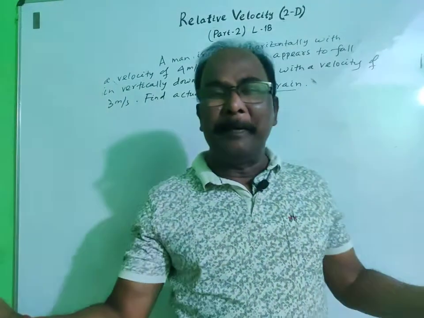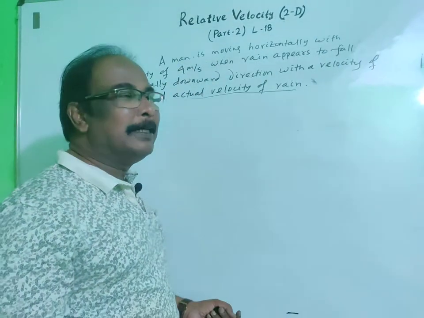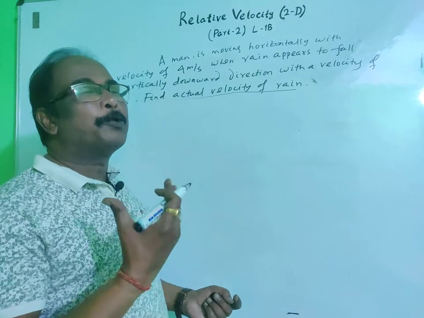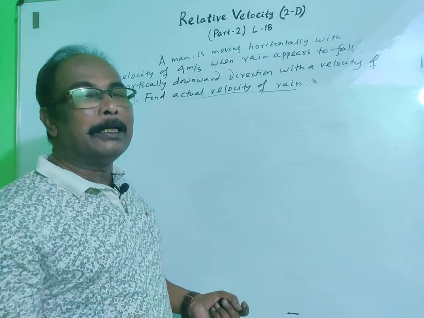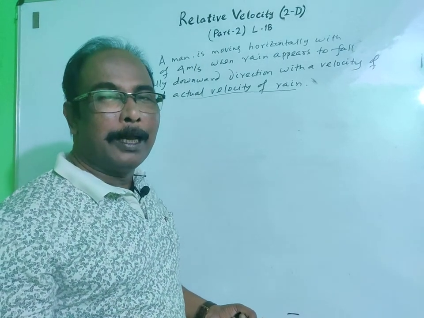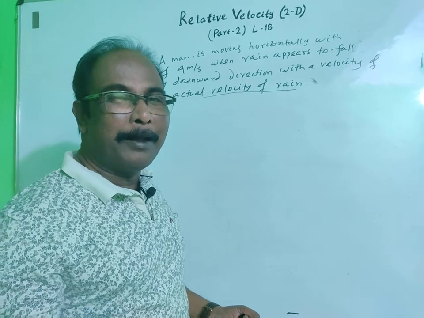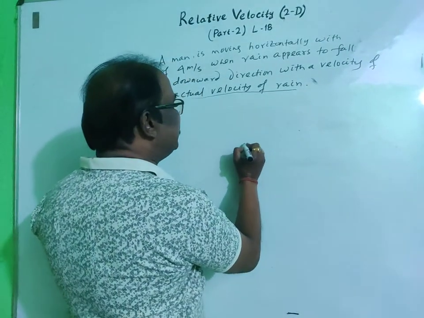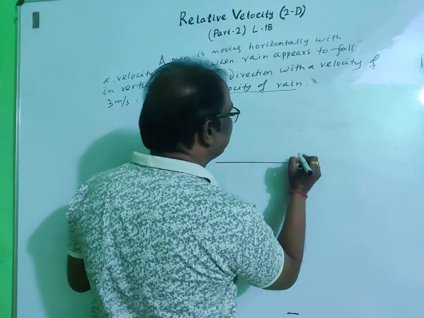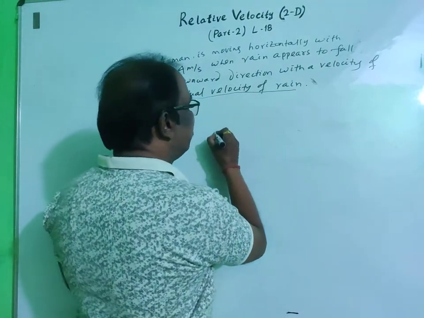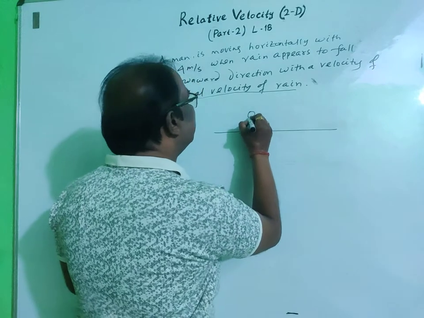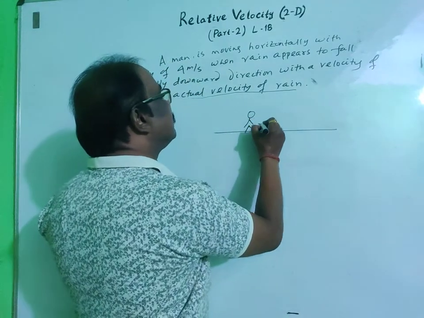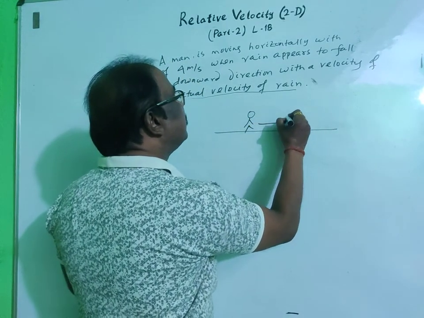Again, this question can be solved in generalized way, and also by taking the method of orthogonal unit vectors i cap, j cap and k cap. Okay, let's see. Man is moving horizontally. This is velocity of man.